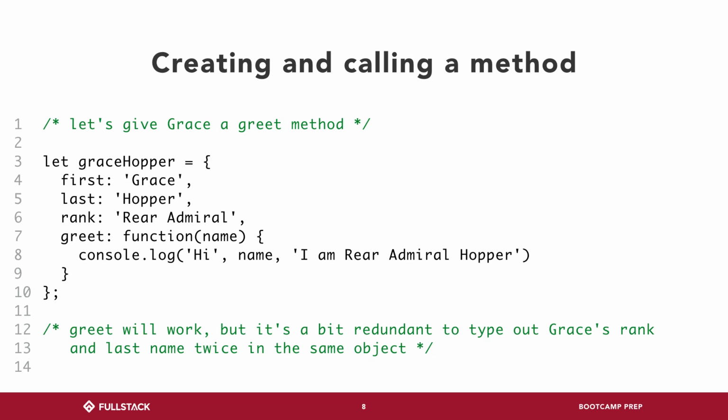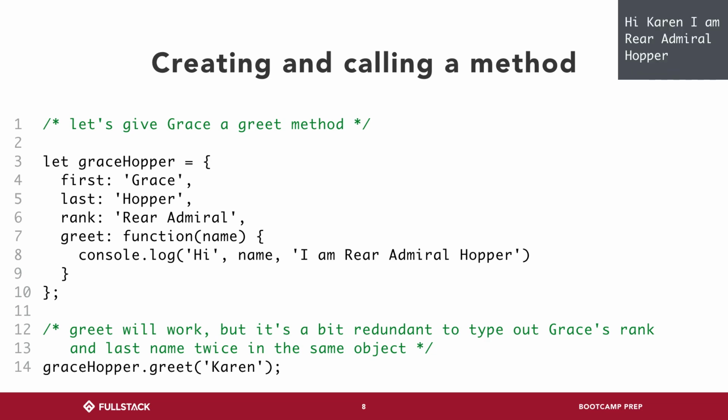We don't want that value hard-coded on the property and in the function. We want it to always look at itself and say, hey, I should use my current rank and my current last name. But for now, this is how we would do it. But it's stupid.